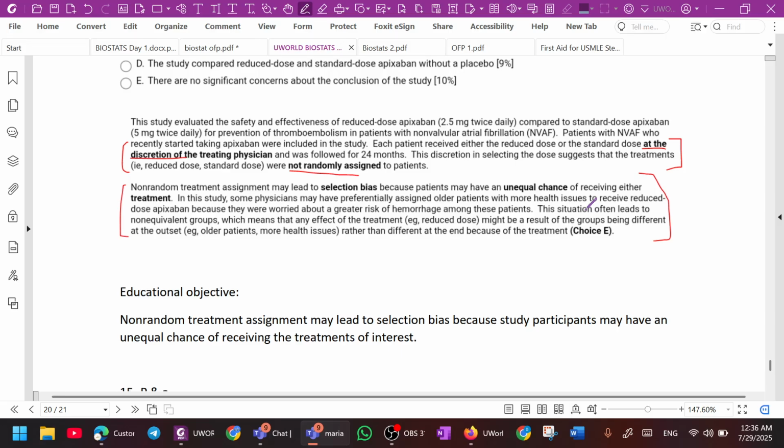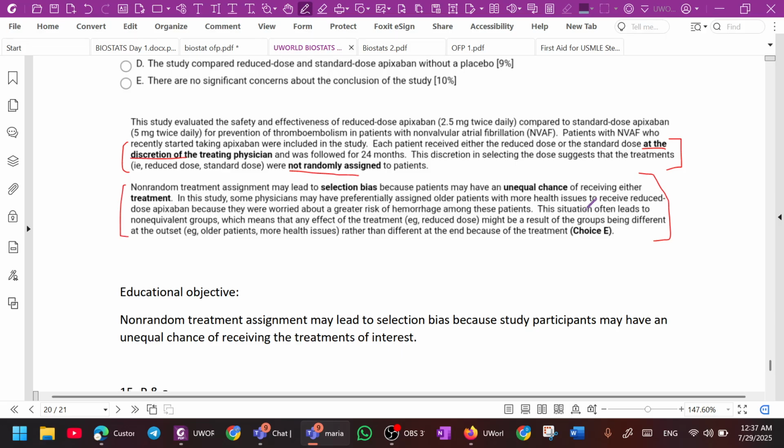Each patient received either the reduced dose or the standard dose at the discretion of the treating physician and was followed for 24 months. The discretion in selecting the dose suggests that the reduced dose and standard dose were not randomly assigned to patients.